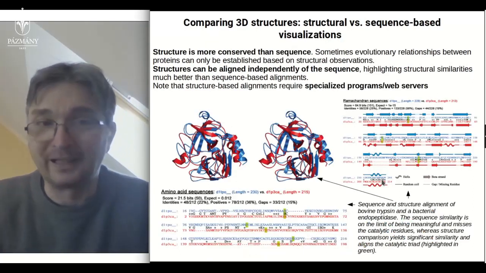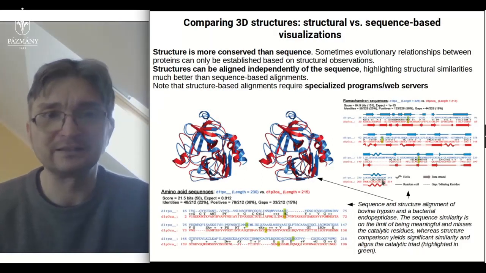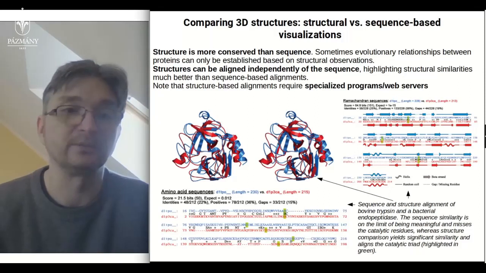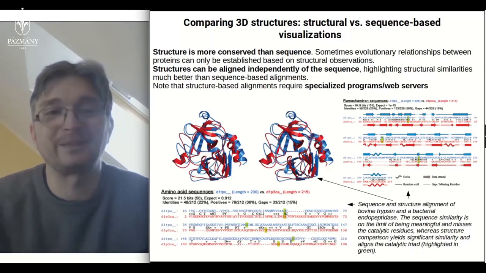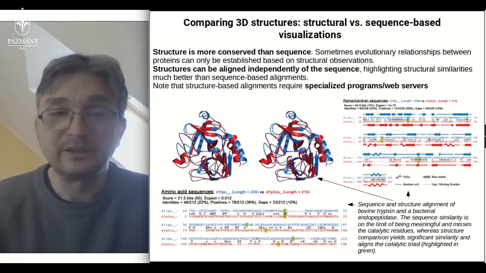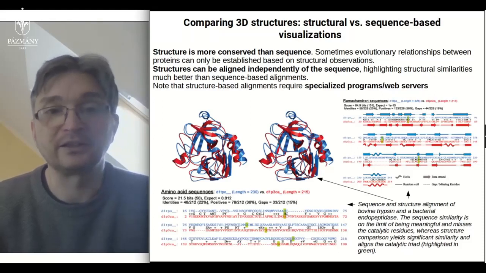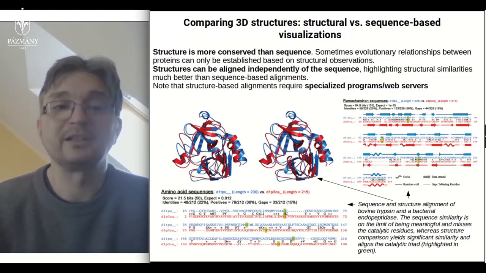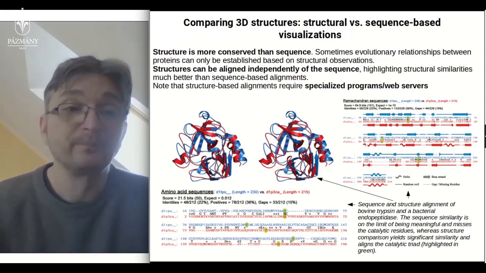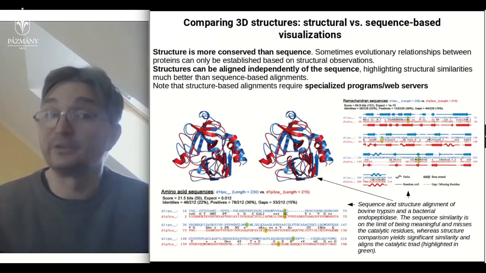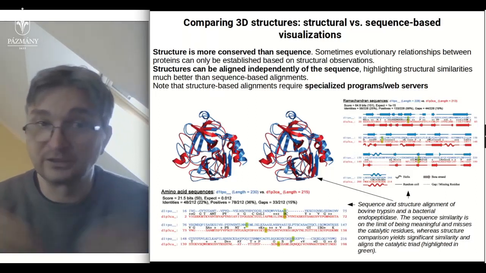Sometimes we would like to compare three-dimensional structures, and this is a topic that is not only visualization but also analysis. The analysis aspect of this is quite substantial, but without going into much detail in this lecture, I just would like to let you know that protein structures can be aligned to each other in a way that does not consider the sequence. You know that protein sequences can be aligned, and when you align protein sequences, you consider the chemical similarity between the residues.